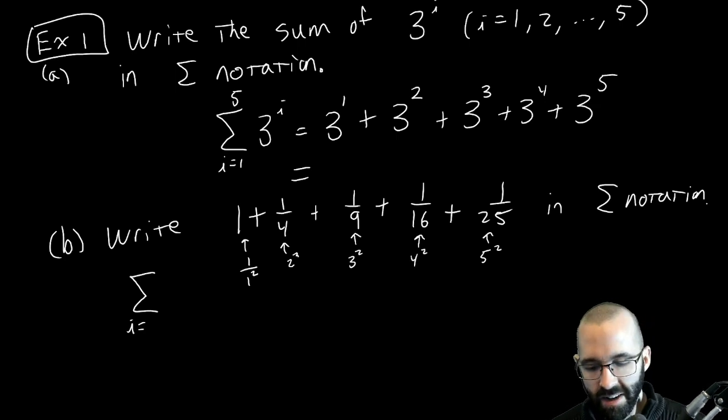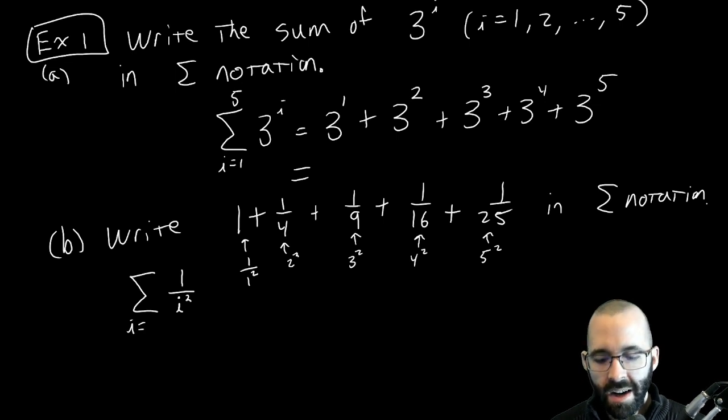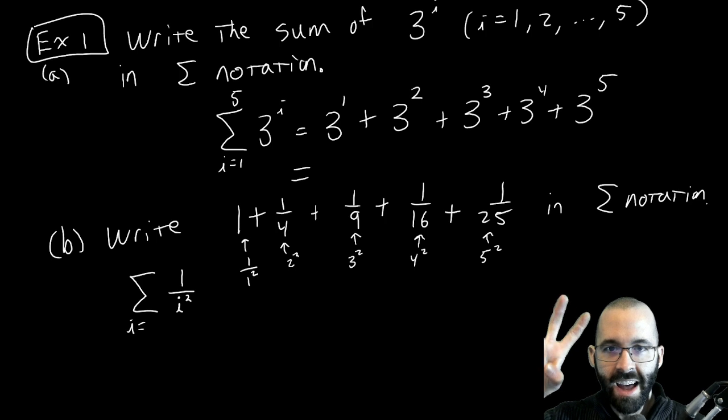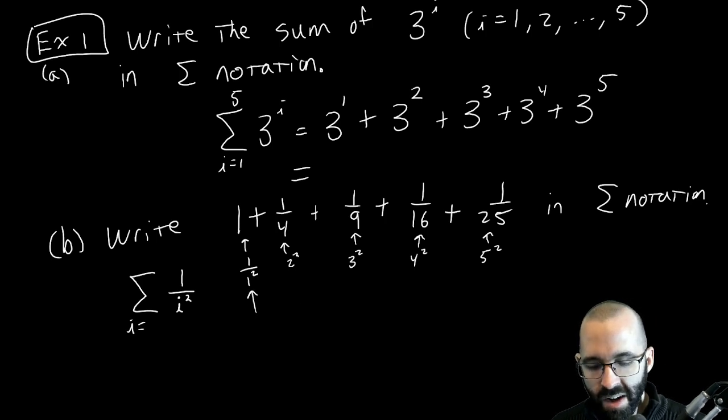So what's the pattern here? It's always 1 divided by some number squared. And notice that some number, that i, starts at 1, and then it goes to 2, and then 3, and then 4, and then 5. Starts at 1, and it goes up to 5.